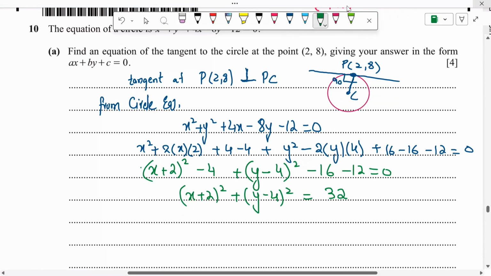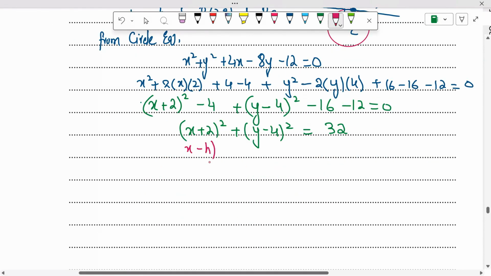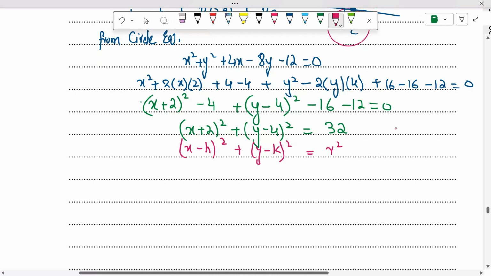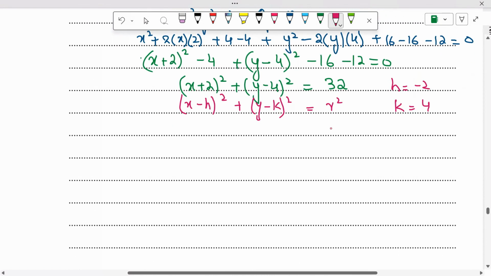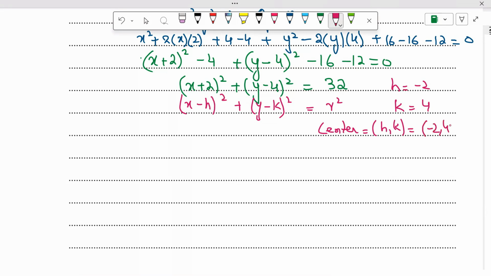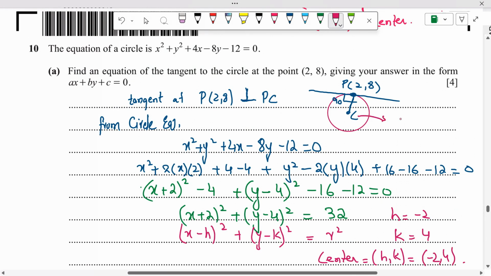Comparing this with the equation (x − h)² + (y − k)² = r², we have h = −2 and k = 4. So we have the center (h, k), which is (−2, 4).